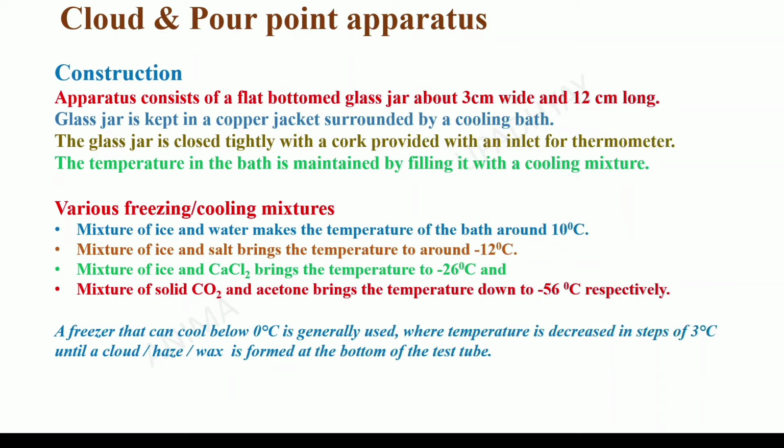The glass jar is capped in a copper jacket which is surrounded by a cooling bath. The glass jar is closed tightly with a cork which is provided with an inlet for a thermometer. The temperature in the bath is maintained by filling it with a cooling mixture.